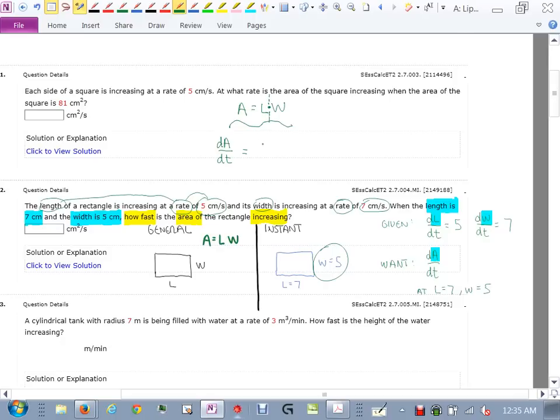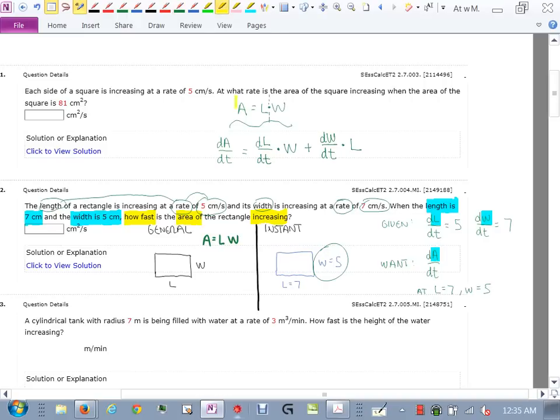The product rule says we take the derivative of the first one, so the derivative of L with respect to time, then times the other one, no derivative, then plus the derivative of the other one, so derivative of W with respect to time, and then times the first one, which was L. And that is my product rule on the right-hand side.